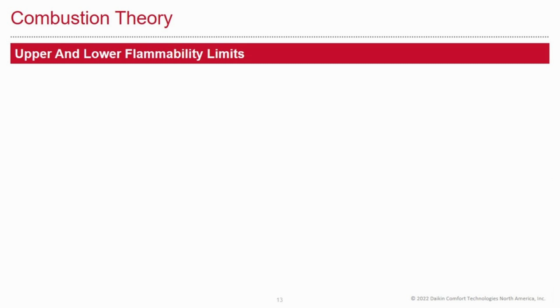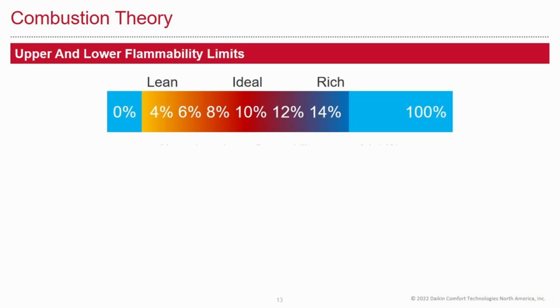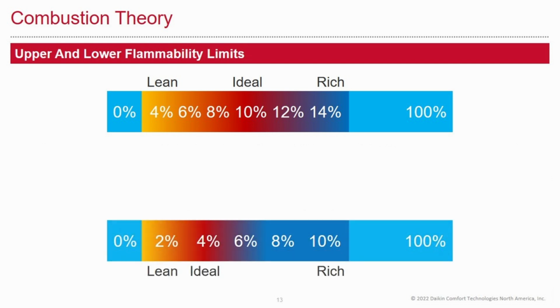Upper and lower flammability limits. For natural gas, 4% is lean, 10% is about ideal, and 14% is rich. For LP gas, 2% is lean, 4% is ideal, 10% is rich.